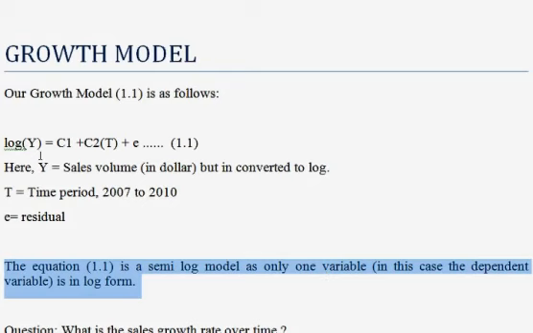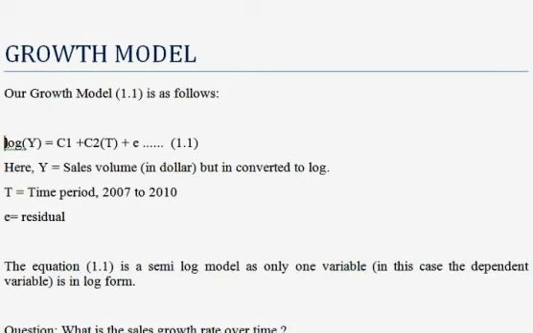Here only one variable, that is the dependent variable, is in the log form. This type of model we call a semi-log model. That means only one variable is in the log form. So this one is called a semi-log growth model.